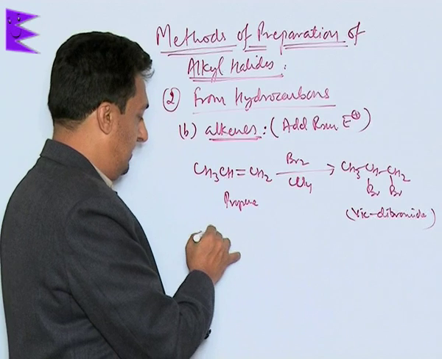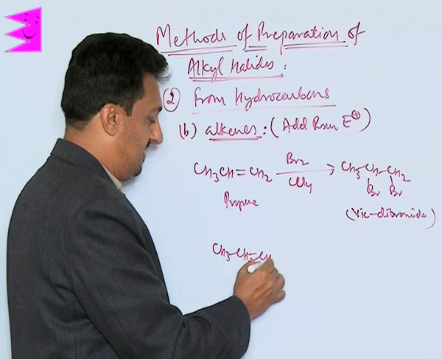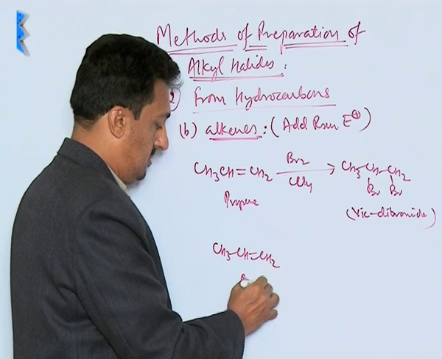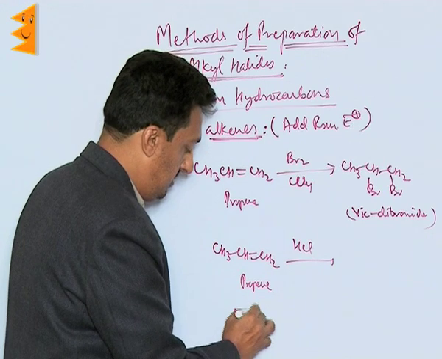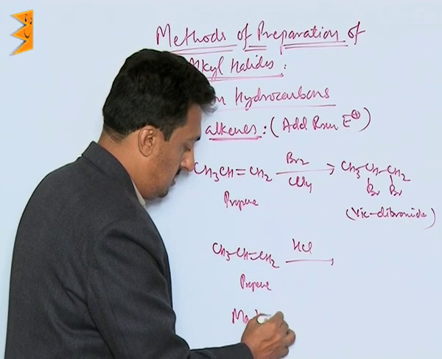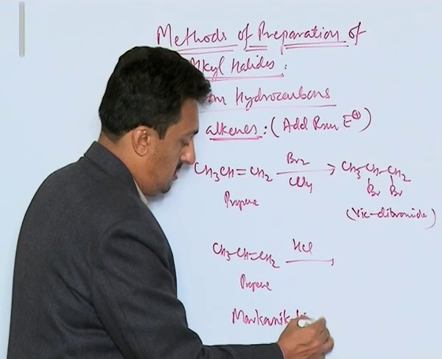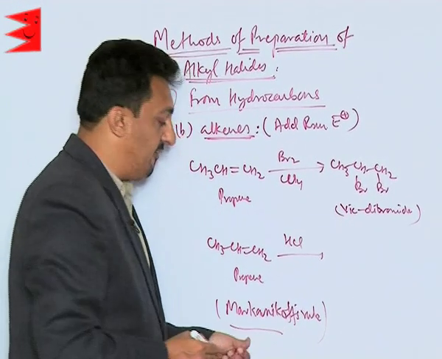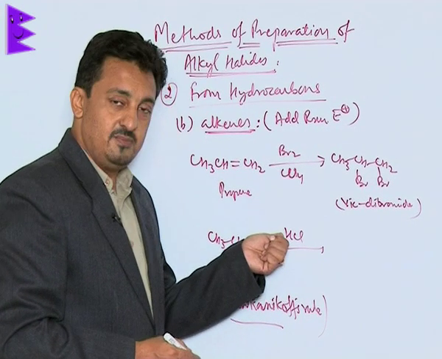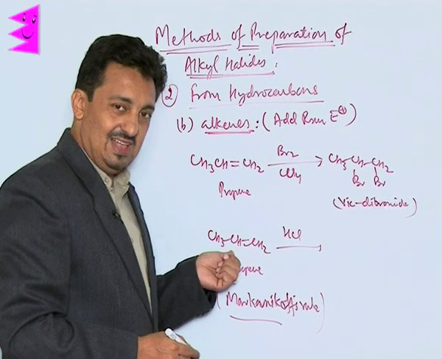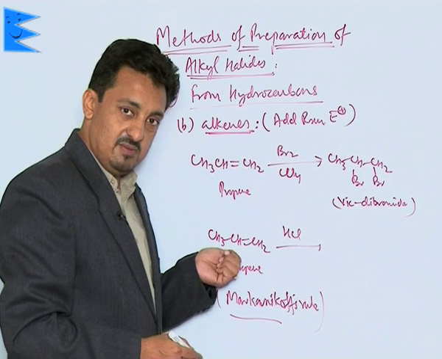Whereas if the addition of HX is done in this propene, like HCl, we know Markovnikov's rule is followed, which states that during the addition of a heteroatomic species to unsymmetrical alkenes or alkynes, the negative part goes to the more substituted carbon.